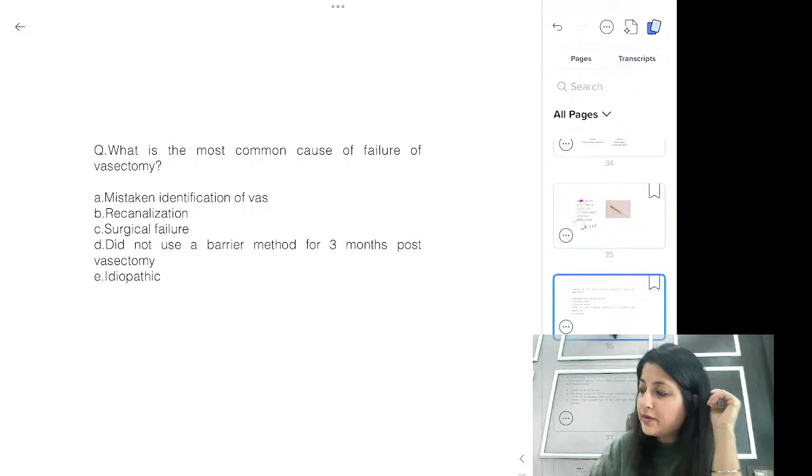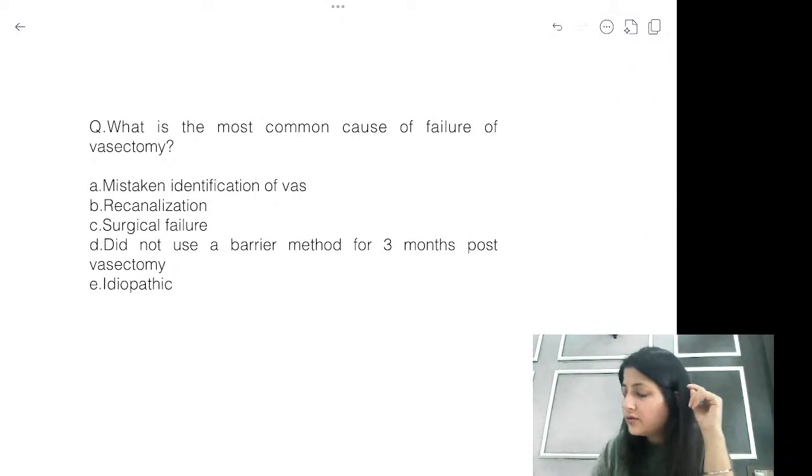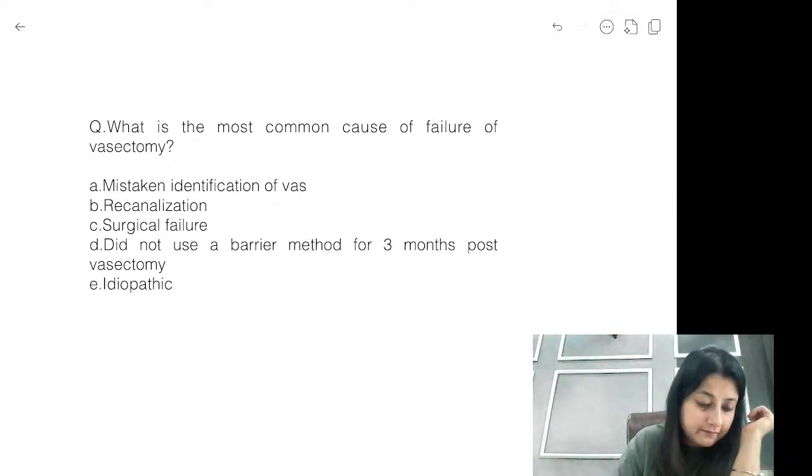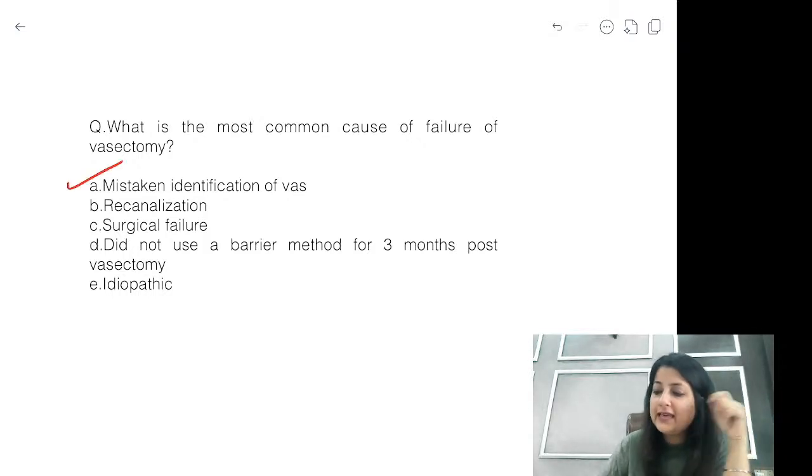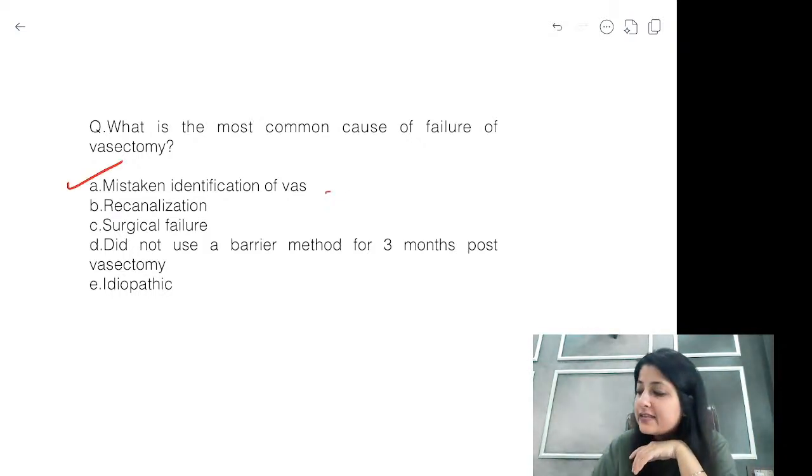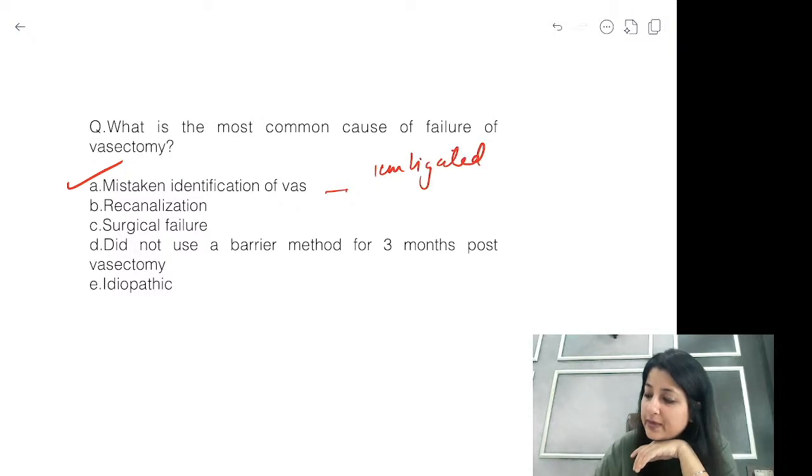Okay, next question. What is the most common cause of failure of vasectomy? Very good. Mistaken identification of vas. Vas का कितना centimeter has to be ligated? 1 centimeter has to be ligated.